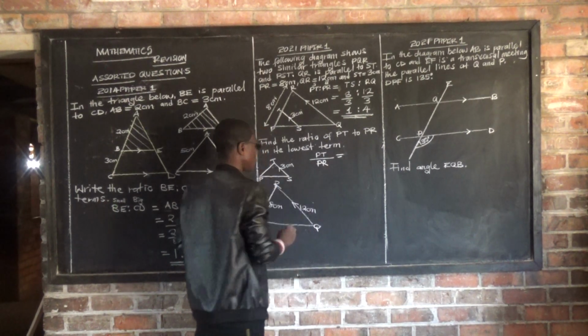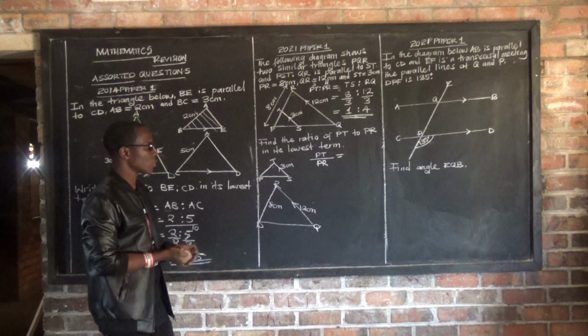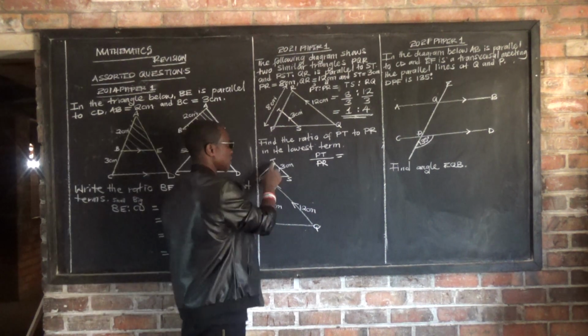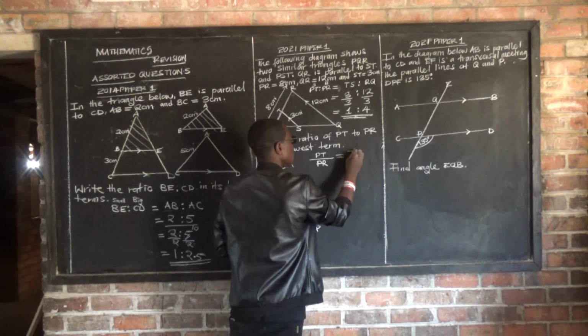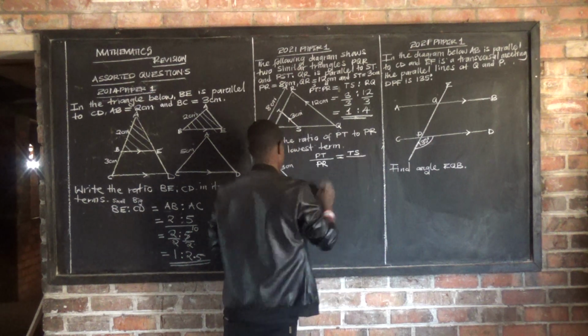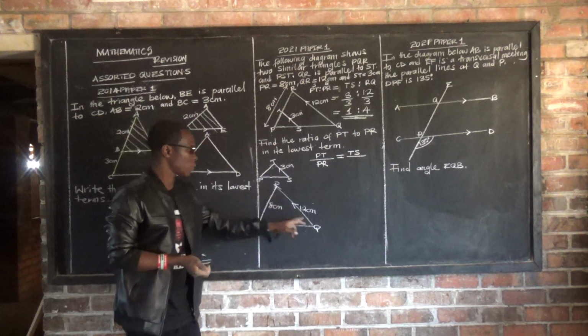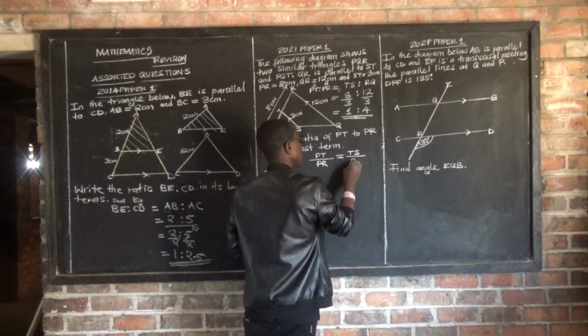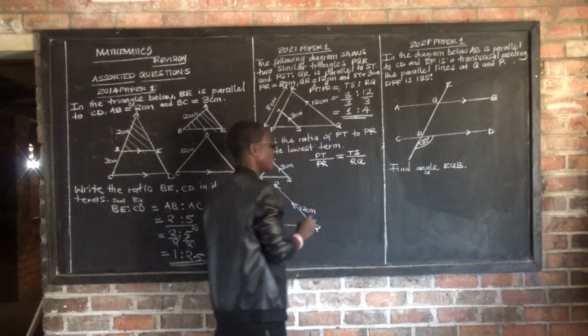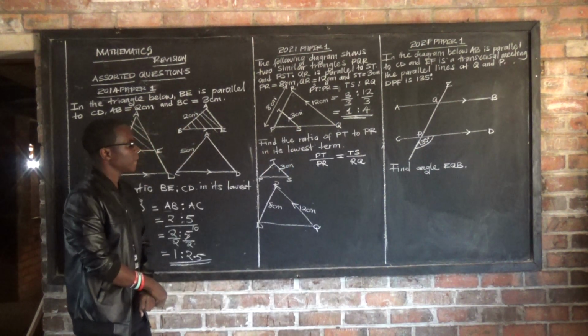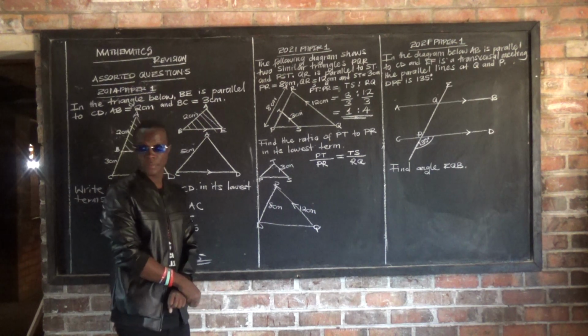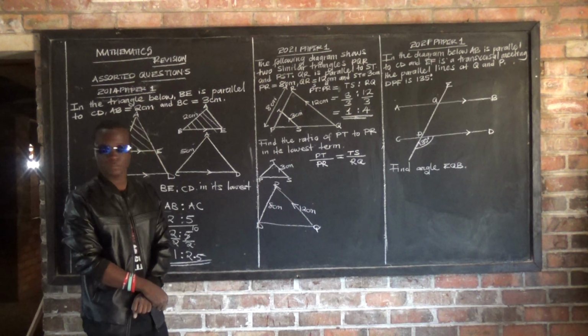PR is equal to, we can also get this one, PS, right? So TS over RQ, very good. How do you do that? You maintain PT, you have PT. PT you don't have.